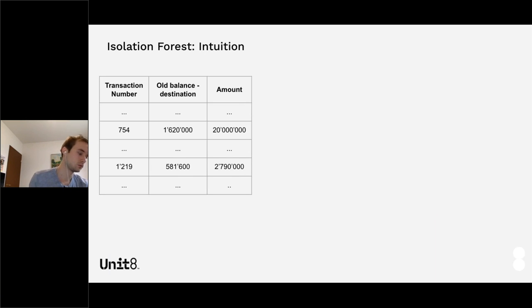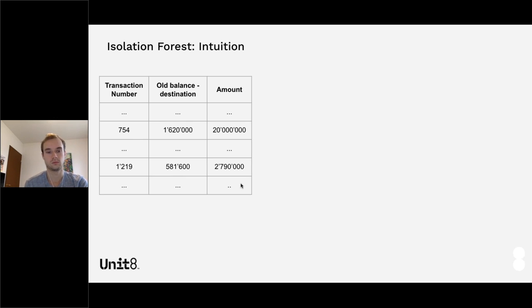So let's imagine a list of all our transactions where we focus on 2 features. Here, old balance destination and the amount, and the transaction number on the left. We will look at 2 transactions whose values are displayed in the table: transaction 754 and 1219.